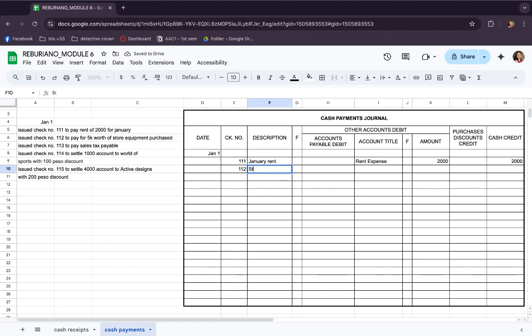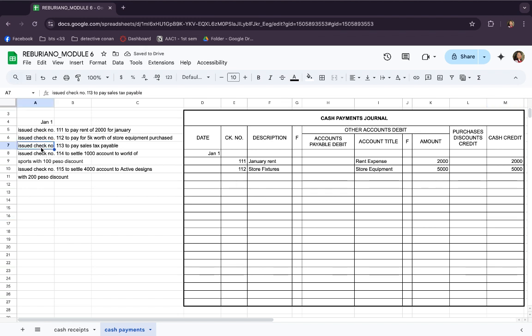So, we're going to put here store fixtures, or pwede naman purchase equipment. Tapos, account title, store equipment, kasi it's specifically for a store. Hindi pwedeng equipment lang ilalagay, kasi what if office pala yun, na-mix up yung store and yung office equipment. So, you have to be specific. So, store equipment, debit, 5,000. Then, credit cash, 5,000.